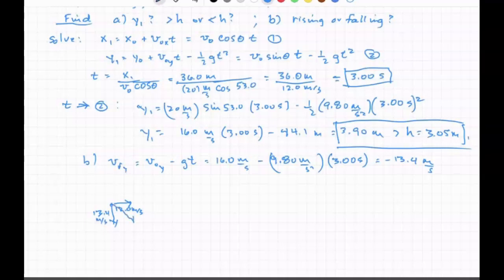So the final velocity is pointing downward in that direction I'm showing now. So it's falling. And that concludes this problem and concludes this video.